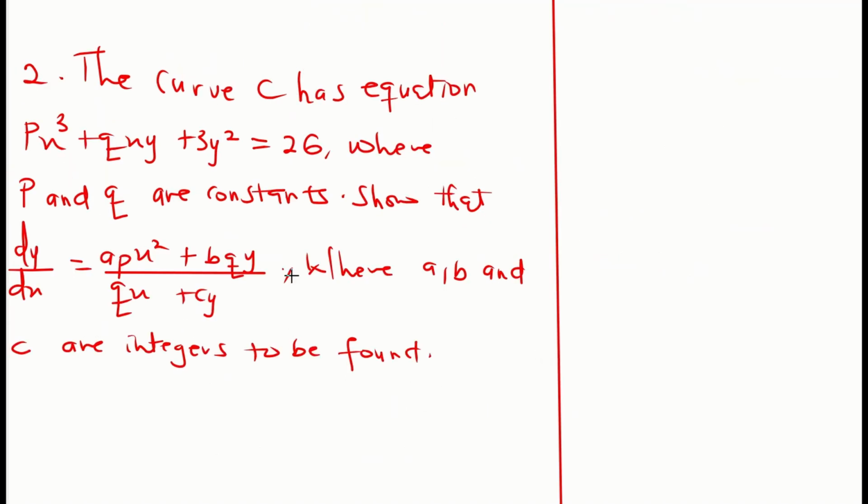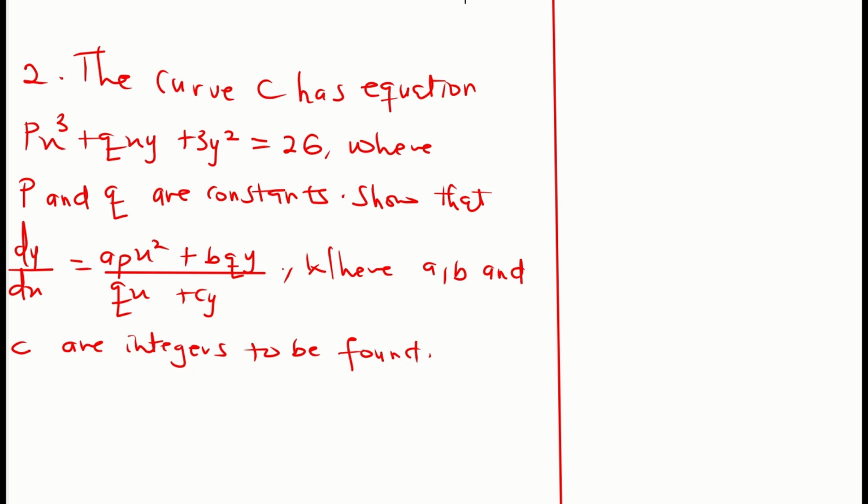Now we proceed with our second question. It says that the curve C has equation px cubed plus qxy plus 3y squared equals 26, where p and q are constants.